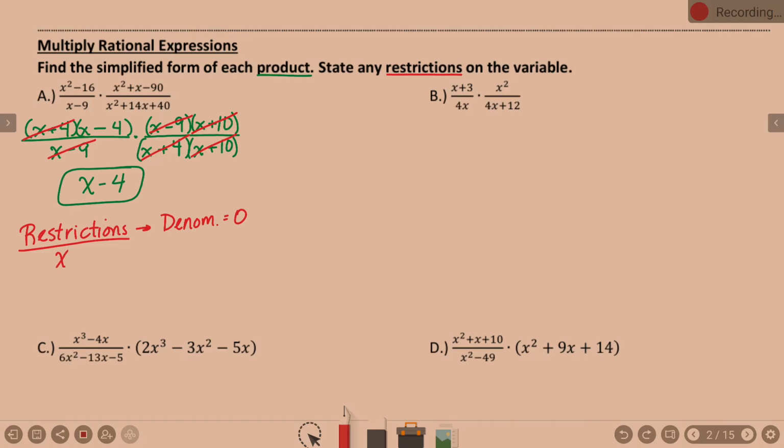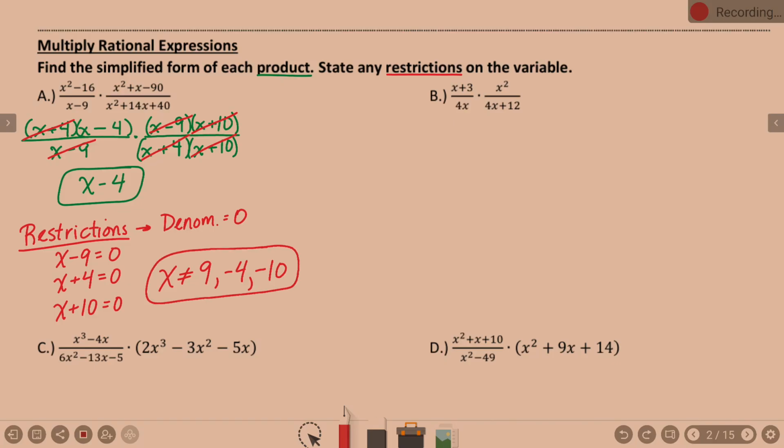X minus 9, x plus 4, and x plus 10. What do we know? X cannot equal what? 9, negative 4, and negative 10. Okay? So make sure you get all of those restrictions.